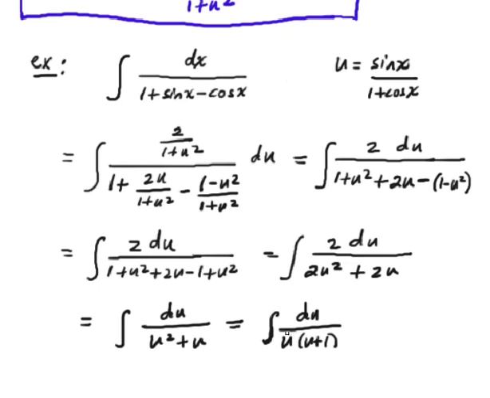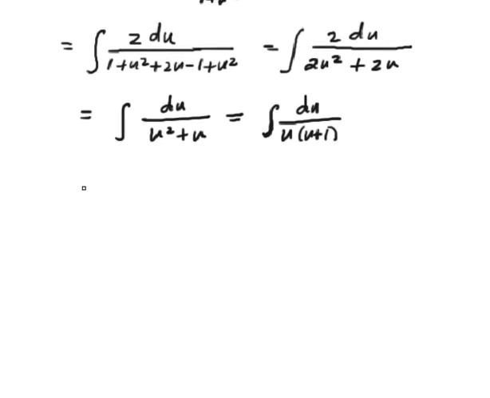All right, I'm not going to go through the partial fractions technique. I'll just go straight to the breakup of 1 over u times u plus 1. I'm just going to tell you that this is equal to the integral of 1 over u du minus the integral of 1 over 1 plus u du. So these are both log integrals.